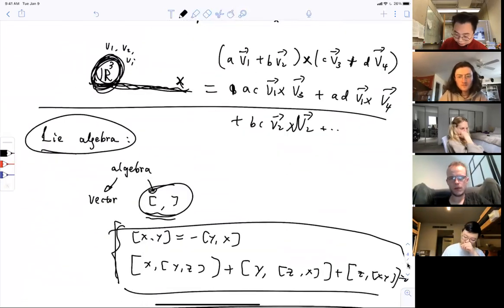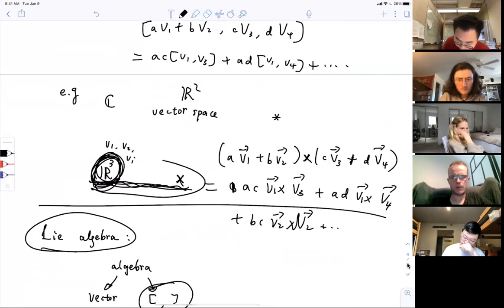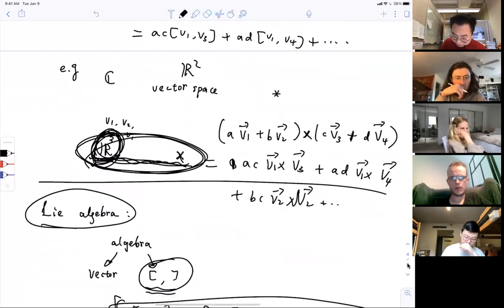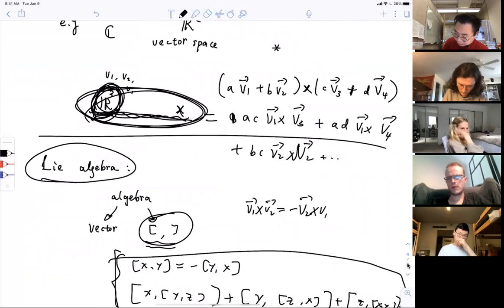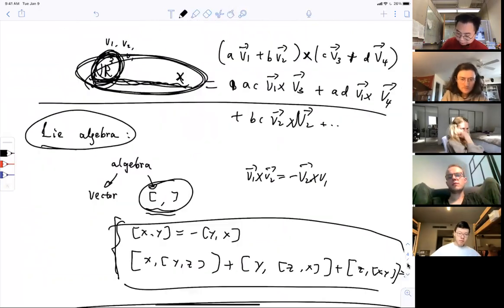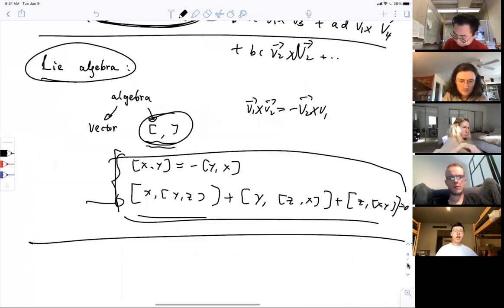Yeah, and this is also a Lie algebra because the cross product is antisymmetric, right? So v1 cross v2 equals minus v2 cross v1, and this cross product also satisfies the Jacobi identity. You can verify this very easily.